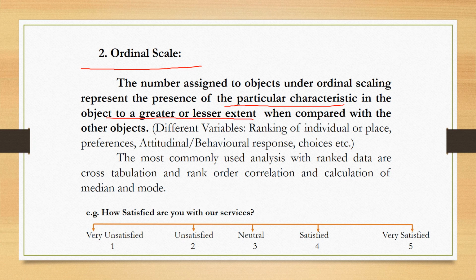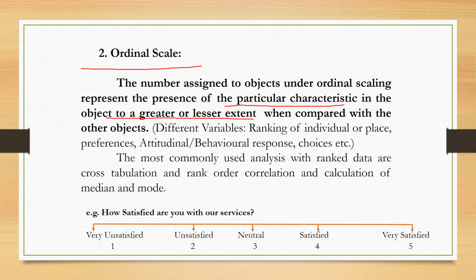In the nominal scale we use numbers, and here also we use numbers, but in the nominal scale they denote the category, while here they are used for the characteristics. When compared with other objects, these particular characteristics are denoted by numbers.